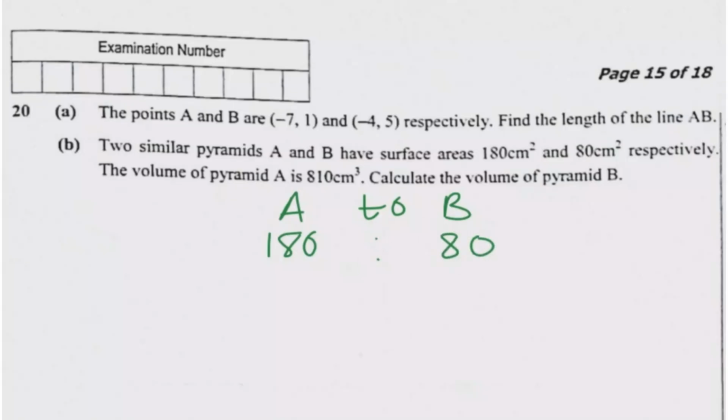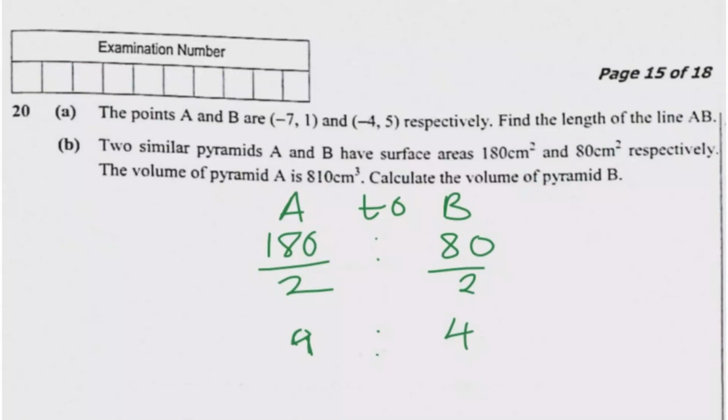Okay, so what we can do is find a number that can go into 80 and 180. Let me try to use 20. When I divide both sides by 20, I'm going to come up with 9 and 4.